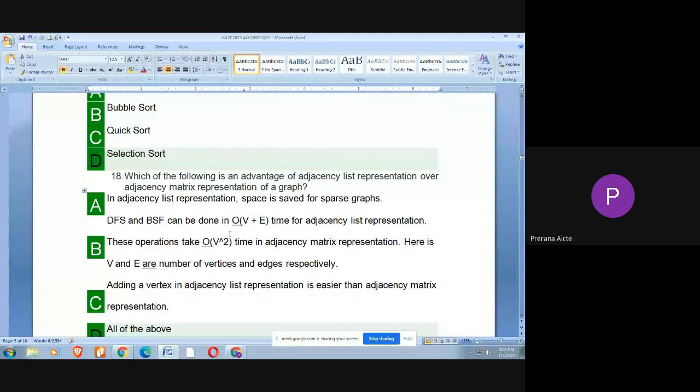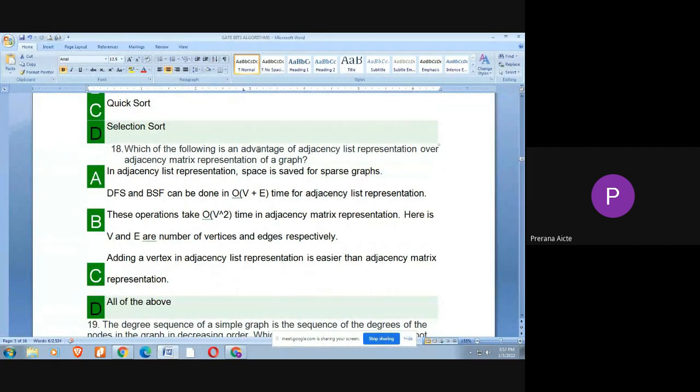So we are going to use two for loops and each loop repeats n times, so we are going to have order of n square. In adjacency list representation, to identify the adjacent vertices of a particular vertex, we are going to have order of v plus e.